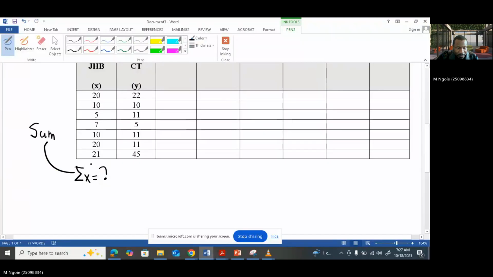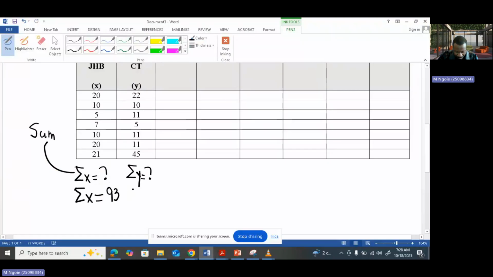So sigma x here is 93, right? 93. And for this column, you need to be able to get the sum of y, sigma y, right?